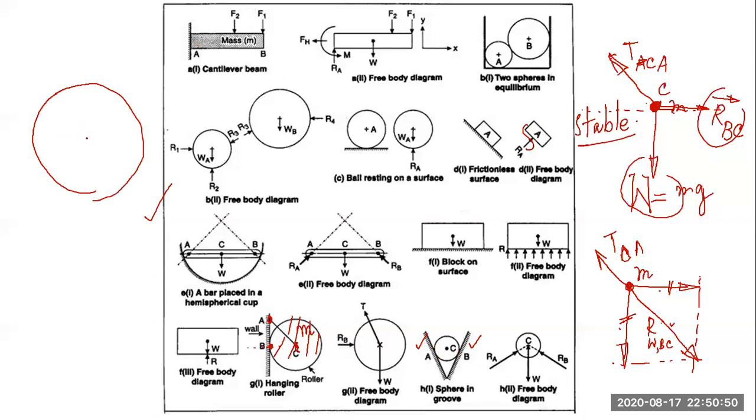So this is point C. We can assume that all the mass is towards point C. So this is the weight WC, or you can say mg. This weight you can also show here.